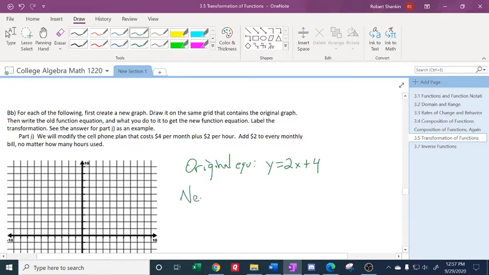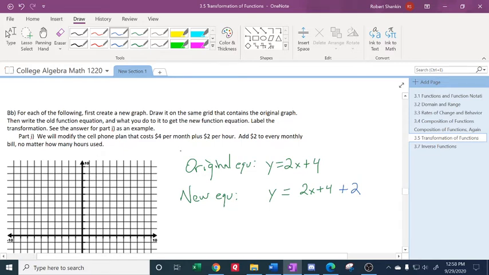So now the new equation, I'm going to put this extra +2 on there. This takes the original and then transforms it.